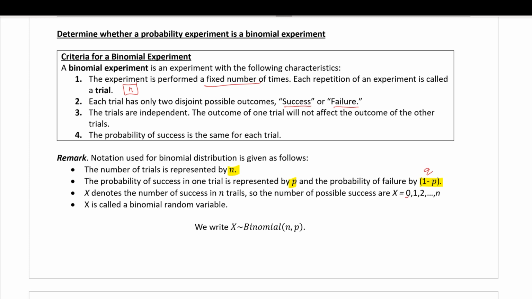If it meets these 4 criteria, then x is called a binomial random variable. And we say x is distributed as a binomial random variable with n and p, where these two values don't change throughout the problem. Okay, n and p stay fixed.